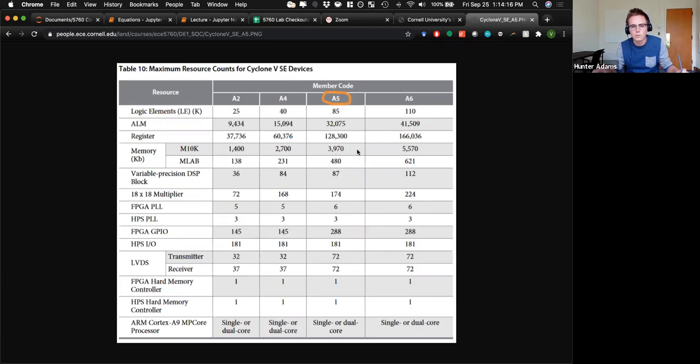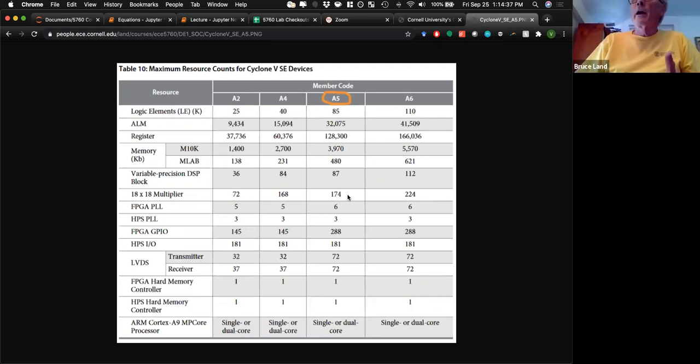And then you can see some of the other resources that you have available. 174 18 by 18 multipliers, 87 variable precision DSP blocks, which I believe have their own 18 by 19 multipliers in them that are separate from this 174. But I'm not certain of that.